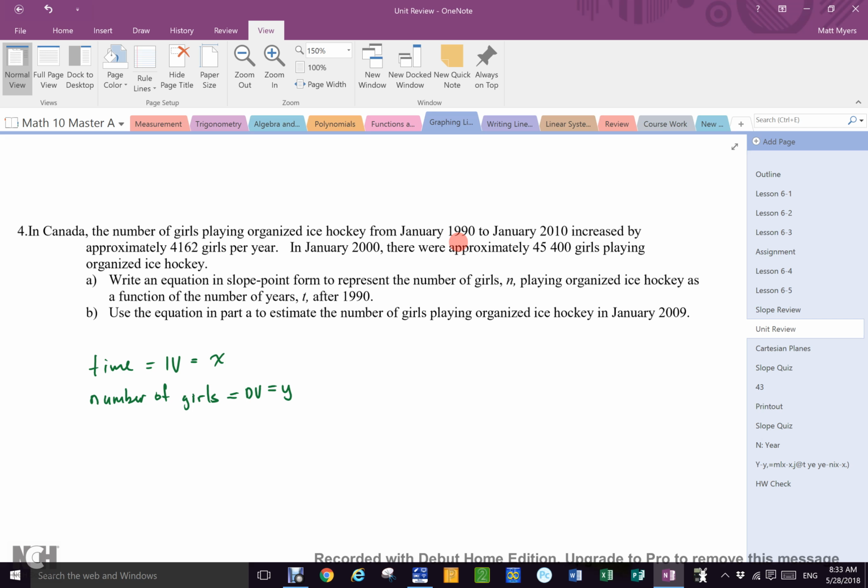So 1990 equals 0 on the x-axis, which means my x-axis is going up to what number? I'm going to January 2010. So what's the biggest x value I have? 20.